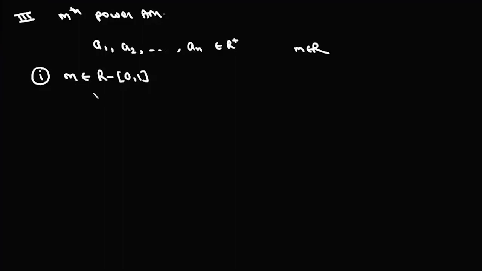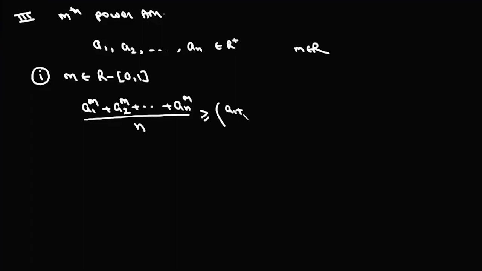In that case, the arithmetic mean of the mth power of these numbers, which is a1 to the power m plus a2 to the power m up to an to the power m, whole divided by n, will be greater than or equal to the mth power of their arithmetic mean. So it will be greater than or equal to (a1 plus a2 up to an by n) whole to the power m. So this is true if m is less than 0 or m is greater than 1.